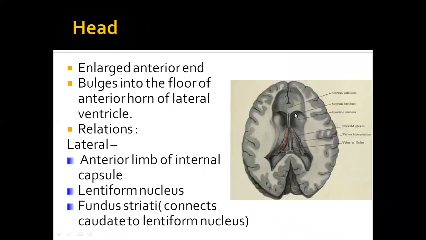Now the head is the enlarged anterior end, which is bulging into the floor of the anterior horn of the lateral ventricle. Relations: laterally, it is related to the anterior limb of the internal capsule, the lentiform nucleus, then the fundus striati, which is connecting the caudate to the lentiform nucleus.